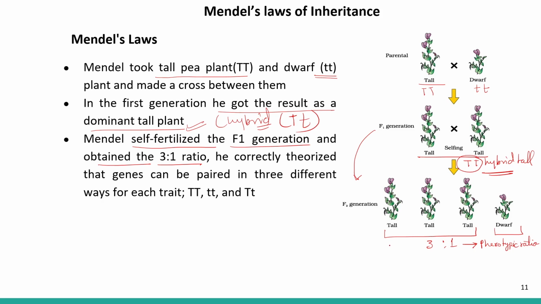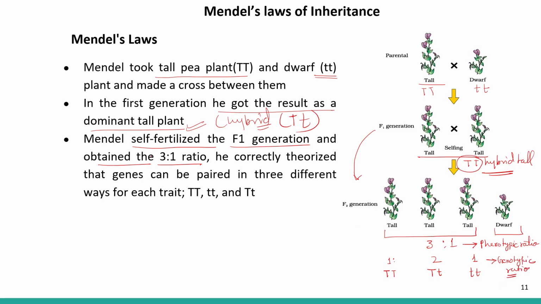But only one of these plants was the pure tall, that is the capital T capital T type, and two plants were capital T, small t type, and one plant is of small t small t type, though this is showing the genotypic ratio.